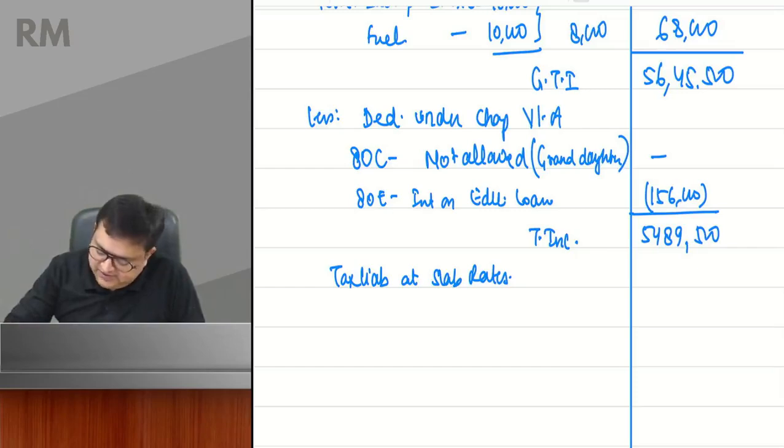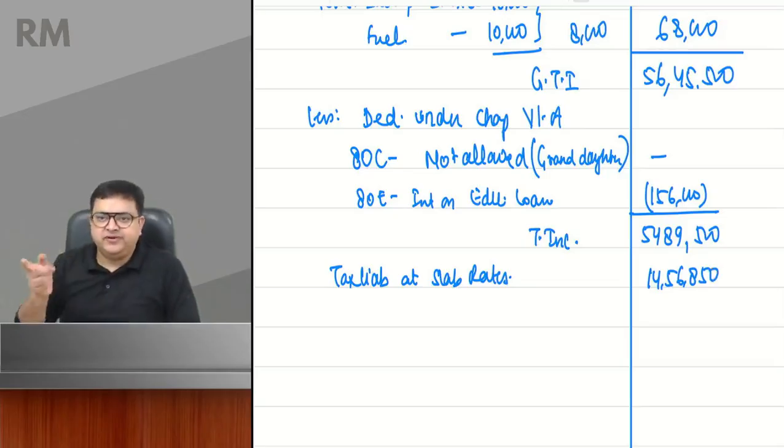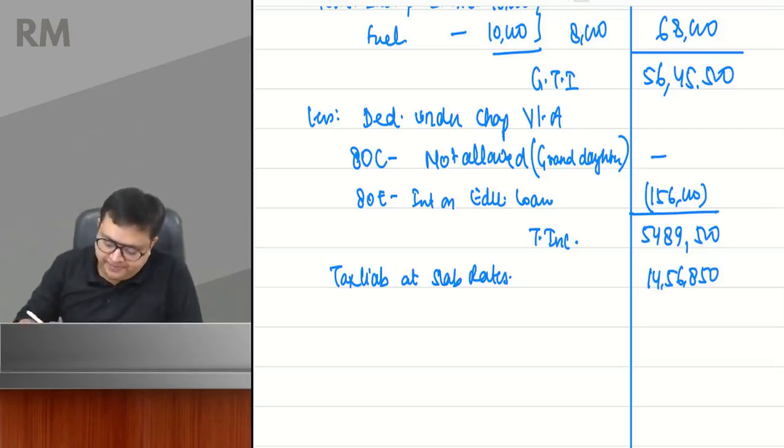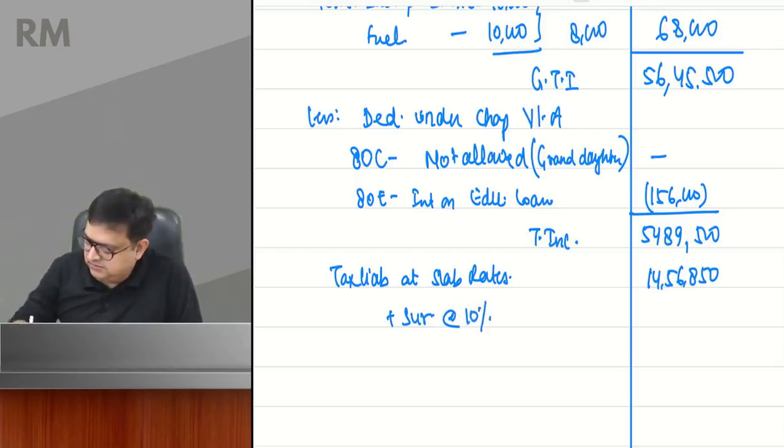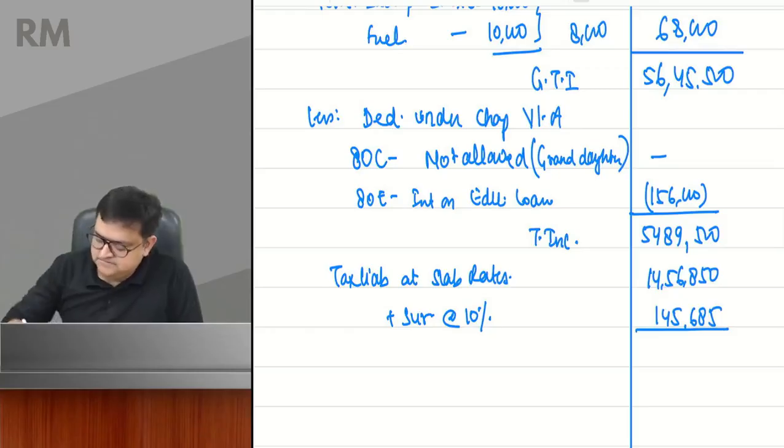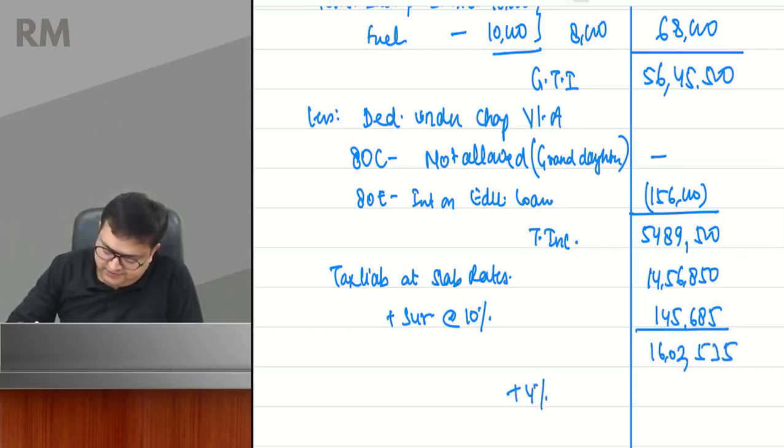Is it coming as 14 lakh 56,850? First three, 14,56,850. Correct, Aditya. Okay, good. Add surcharge at the rate of 10%, plus 4% cess.